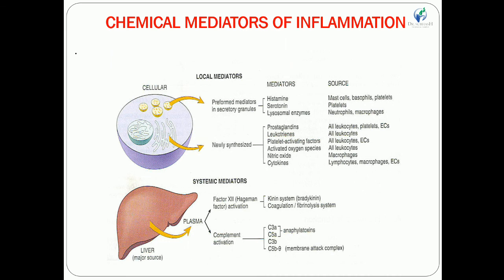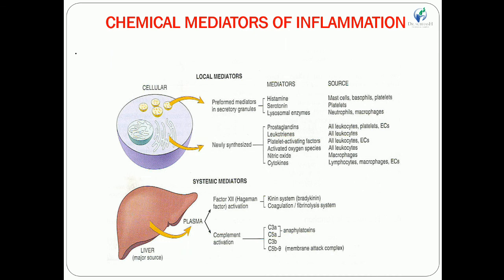Next is serotonin, which will be released by platelets. Next is lysosomal enzymes, and those lysosomal enzymes will be liberated from the neutrophils and the macrophages. Certain newly synthesized local mediators like prostaglandins, or PGs. Next is leukotrienes, platelet activating factors, activated oxygen species, that is free radicals.